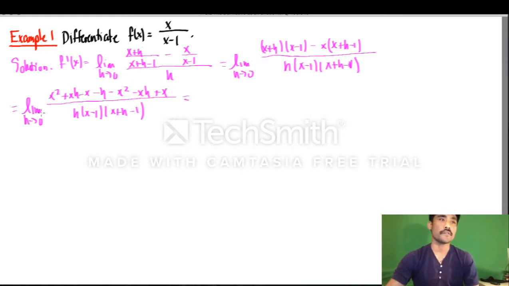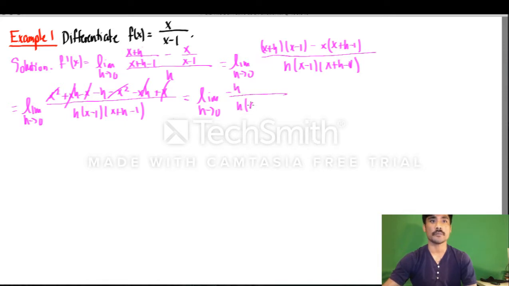And so things happen nicely when you do the difference quotient, because x squared minus x squared is 0. Negative x plus x is 0, and what's left is negative h. So I get the limit as h approaches 0 of negative h over h times x minus 1 times x plus h minus 1.